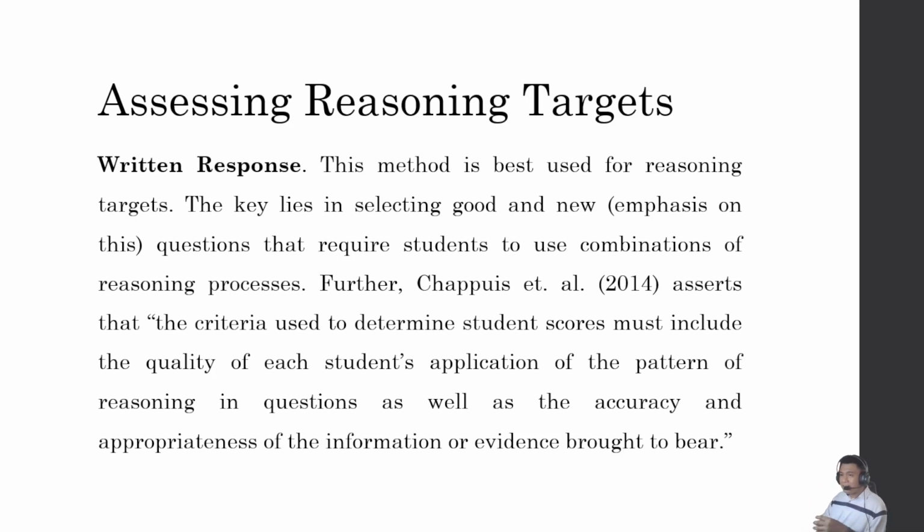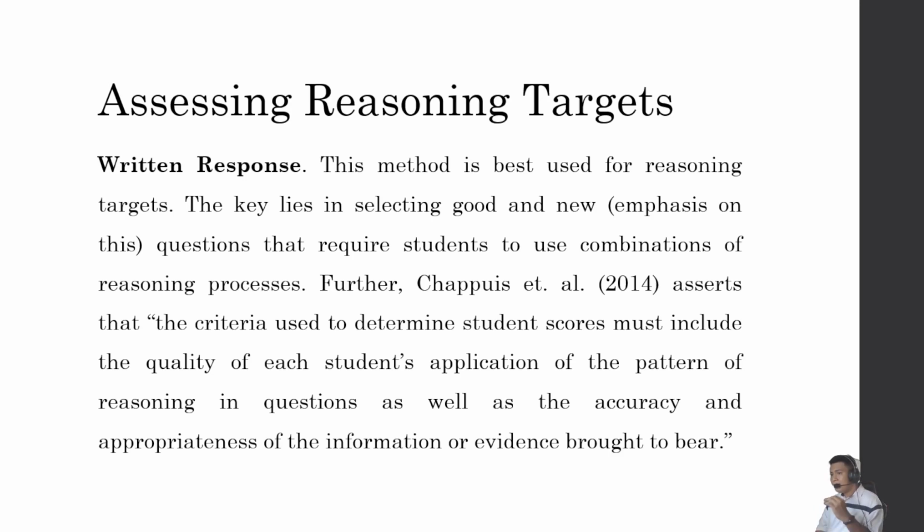Okay? Further, Stiggins et al. assert that the criteria used to determine student scores must include the quality of each student's application of the pattern of reasoning, as well as the accuracy and appropriateness of information or evidence brought to bear. What does this mean?